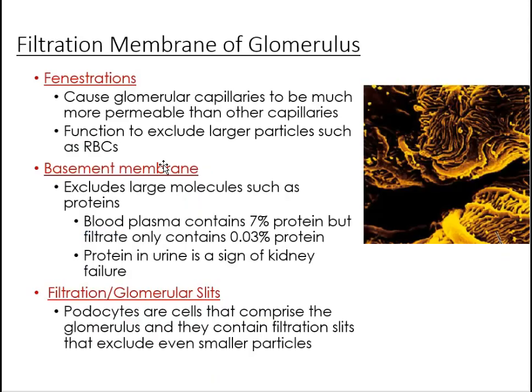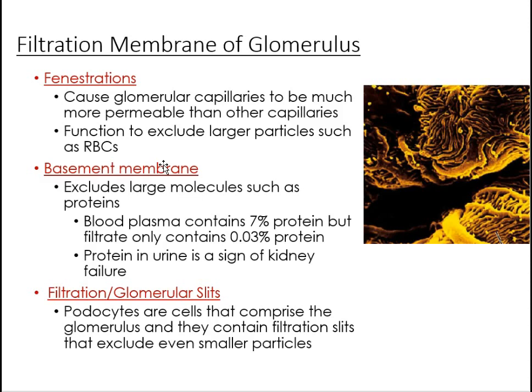Filtration and membrane into the glomerulus. We talked about different types of openings in cells, and we left one and said we're going to talk about this one in kidneys, but let's review them. We have the fenestration, and fenestration causes the glomerulus capillaries to be much more permeable than other capillaries.